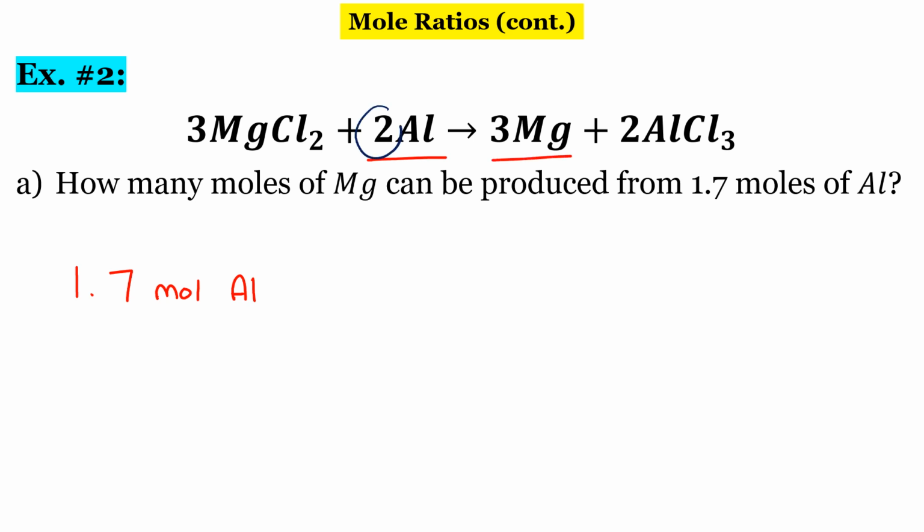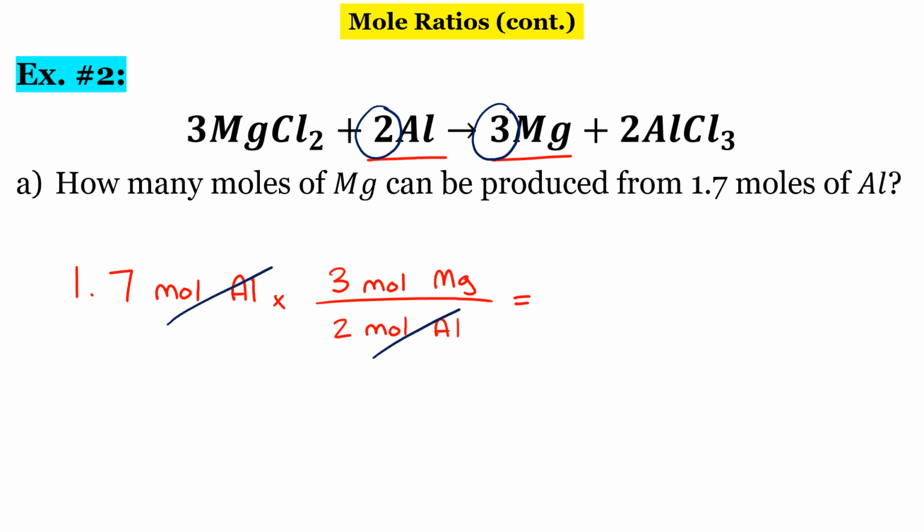We have 2 moles of aluminum, 3 moles of magnesium. So for every 2 moles of aluminum, we have 3 moles of magnesium. The units of moles of aluminum will cancel. 1.7 times 3 halves gives us 2.55.